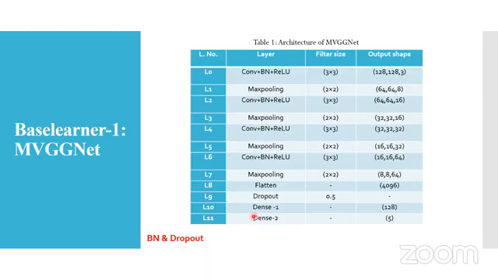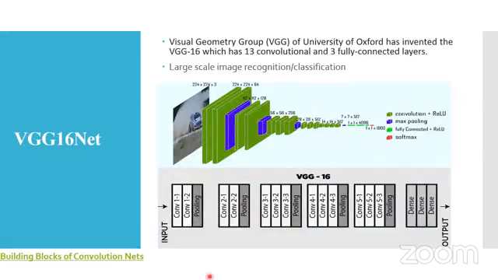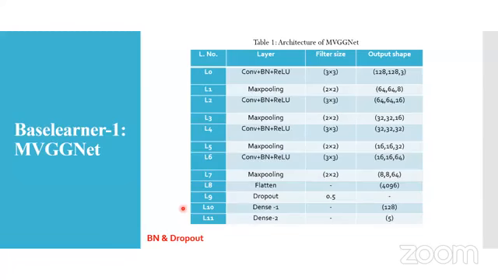We have taken two dense layers, and only one convolutional layer here. But if you look at the original VGG16, there are more layers. Since I have used fewer convolutional layers, I am calling it a compact structure.